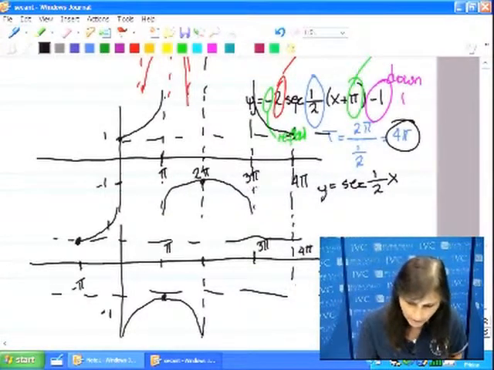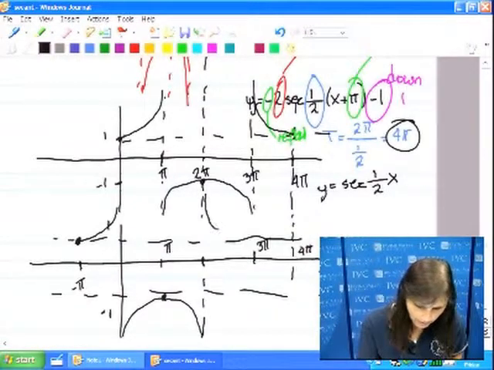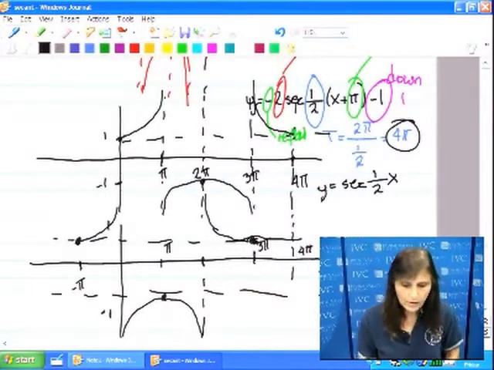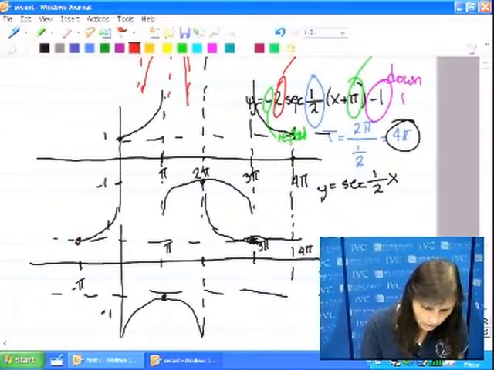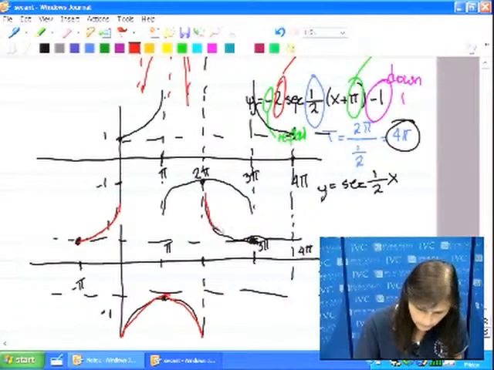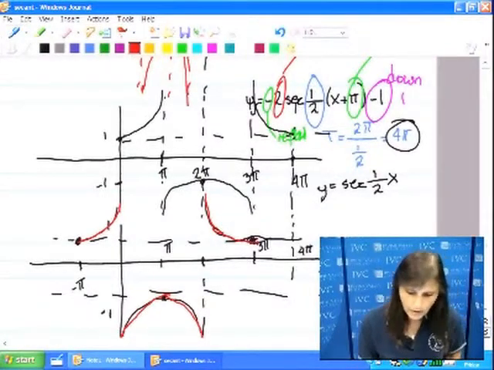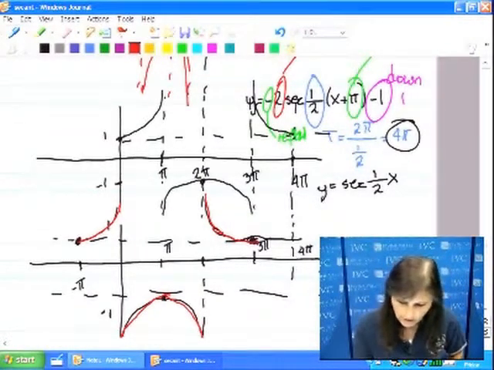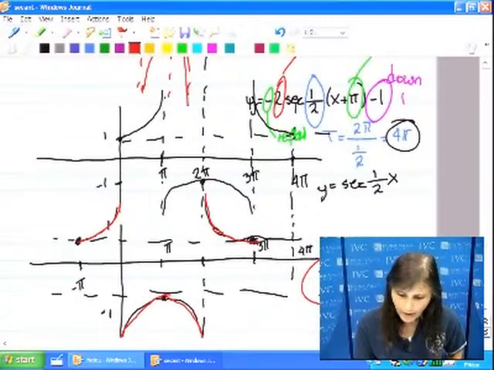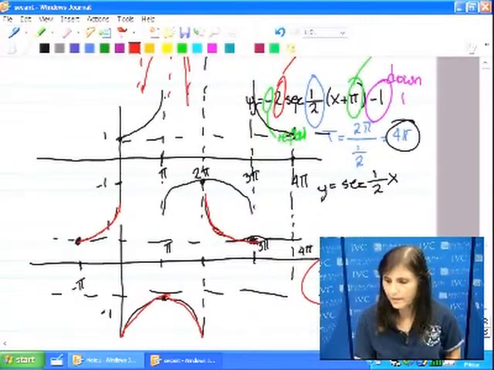This point will move simply to 3 pi. Let's do it in color. This red thing is secant of 1/2 x plus pi.